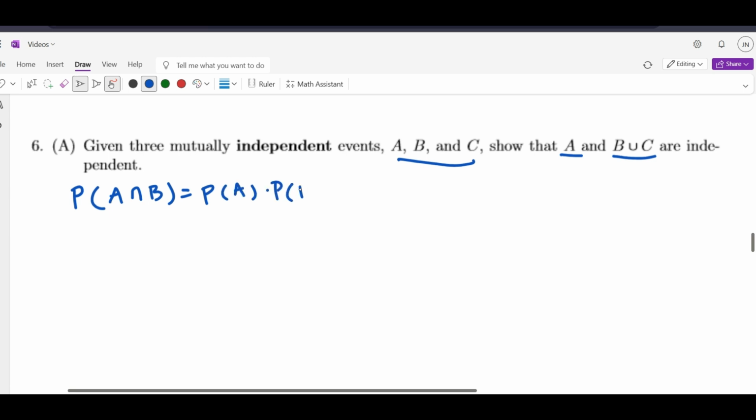of the probabilities. So it could be probability of A intersect B or A intersect C or probability of all three intersecting. And so let's write this down first.